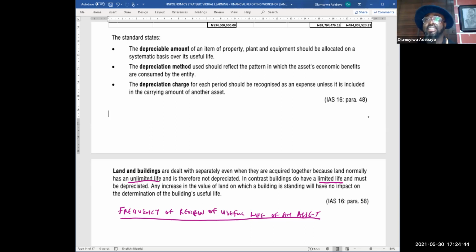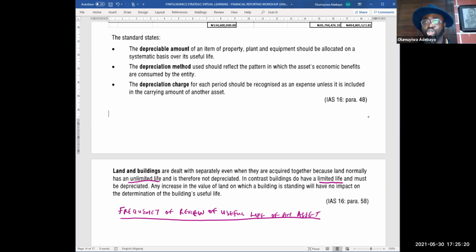The question then is, you must find a logical and systematic way of ensuring that you split the property into a depreciable component, which is the building, and a non-depreciable component, which is land. One of the ways you can do that is to ask yourself, what is the rateable value or market value of land in that particular area, and what is the estimated cost of building that kind of structure?